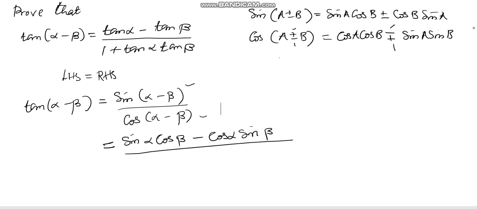Okay, so for cos(alpha minus beta), the identity that we're going to substitute is cos alpha cos beta plus sine alpha sine beta like this.